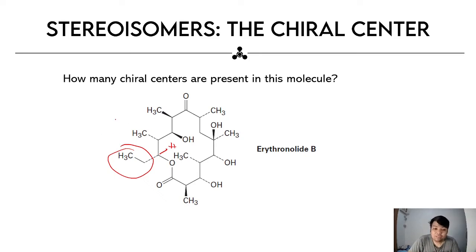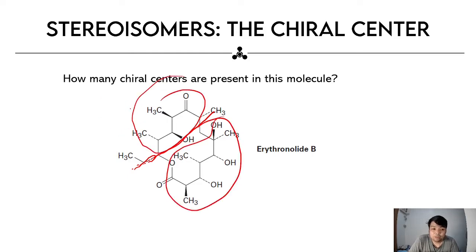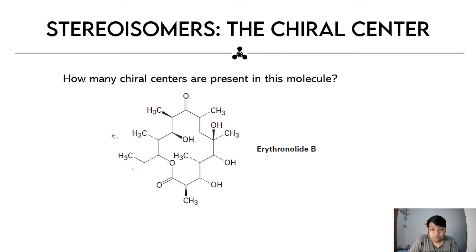Since this belongs to a ring, to distinguish one substituent from the other, you draw a line that bisects along this reference carbon here. Now, if you see, this substituent is different from this half of the molecule. Thus, this substituent is unique, therefore, this is a chiral center.